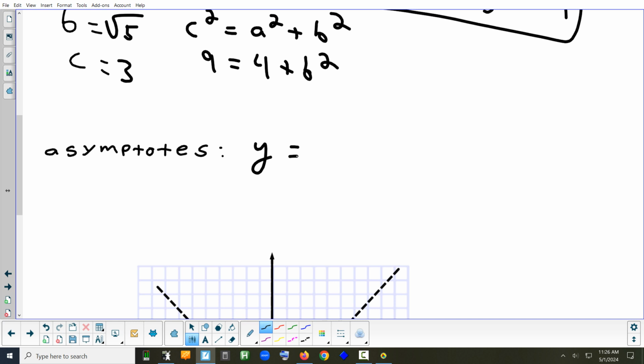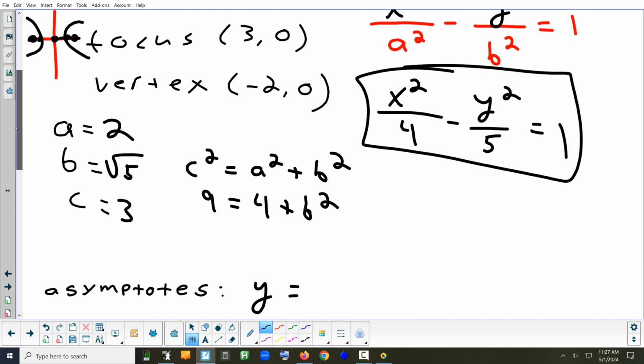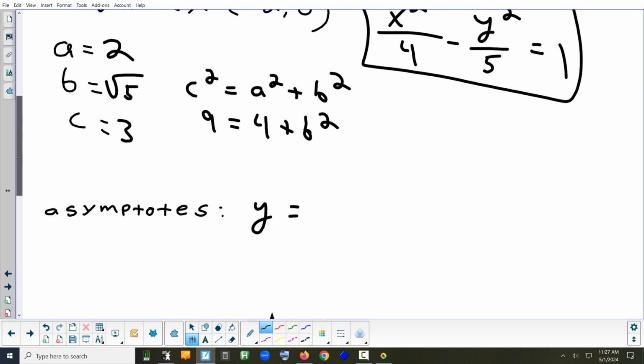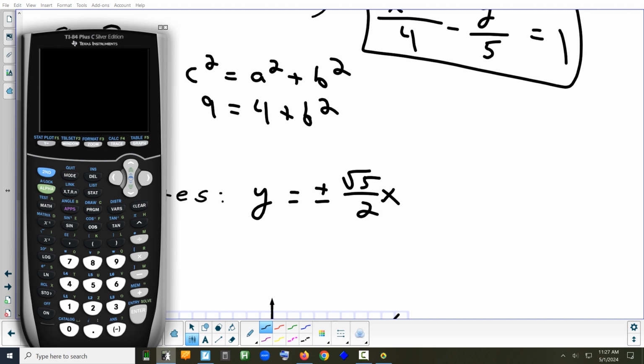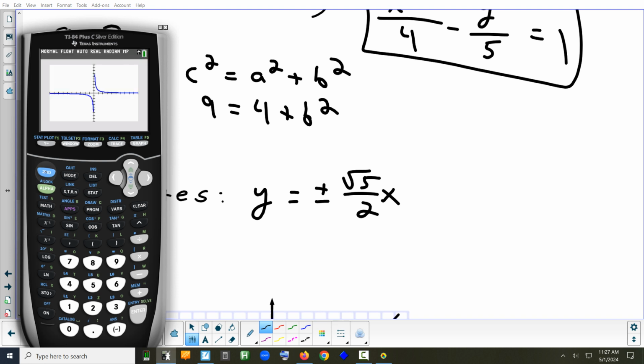When you're horizontal, what's the formula for the slope? B over A. So the slope is root 5 over 2, positive and negative. Okay, not a great number, so I'm going to change that to a decimal. I have a rise that's a decimal and a run. Square root of 5 is about 2.2, roughly.